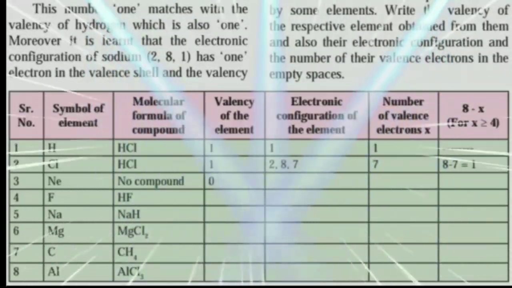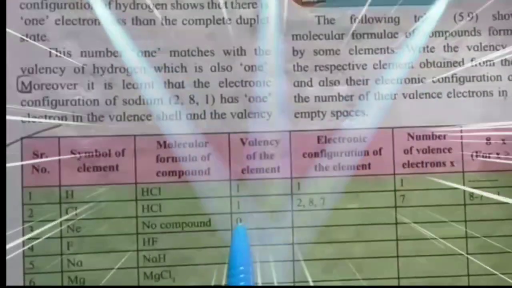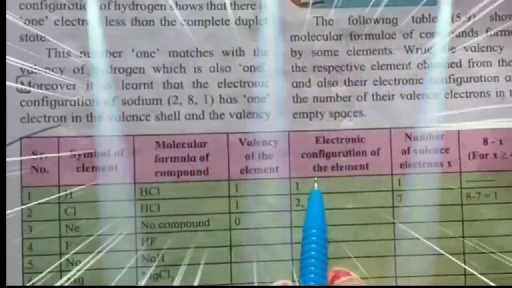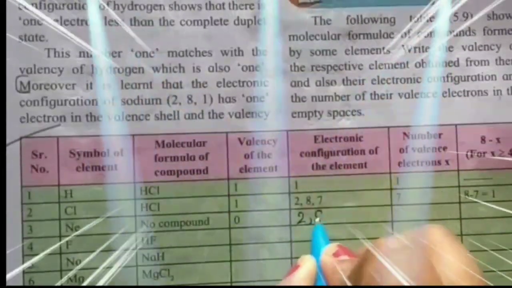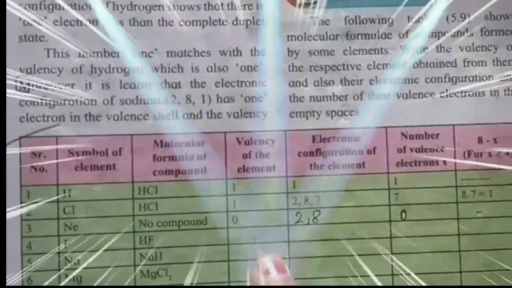So the second is also completed. We will move towards the third, that is Na. Na is not a compound, so here it is written 0. In the electronic configuration of the element, we will write 2 and 8, that is 10. Here we will write 0, nothing will come here.